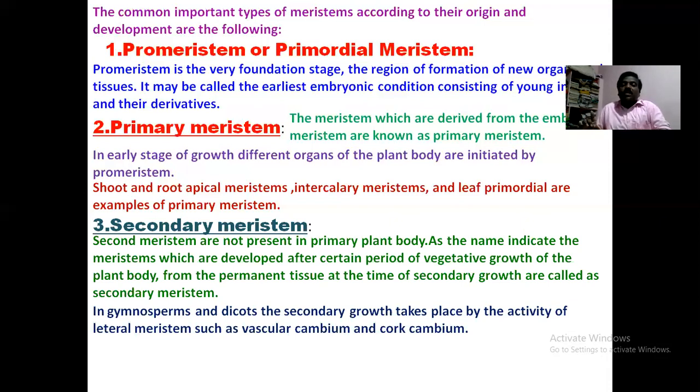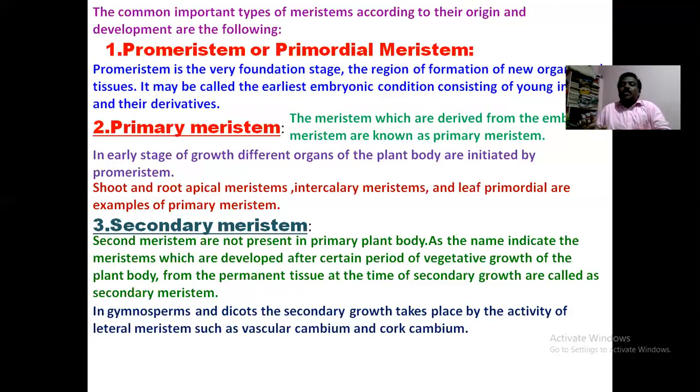During secondary growth in dicot plants, the vascular cambium is produced, and cork cambium is formed from the cortex parenchyma.